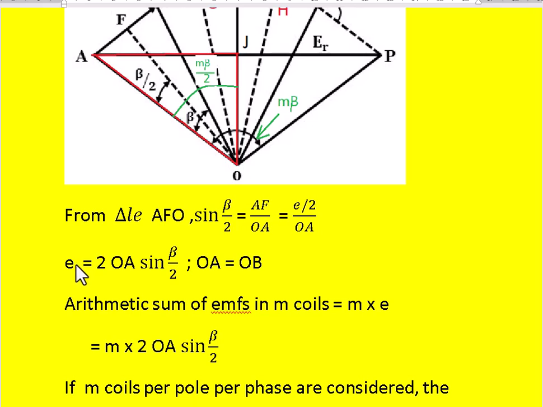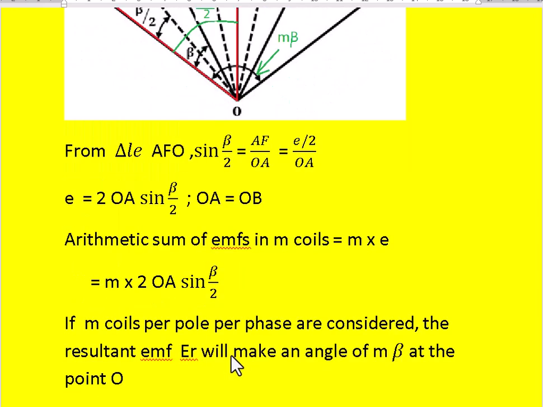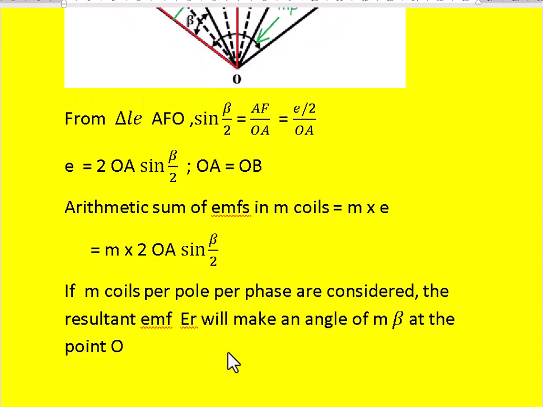This is the induced voltage in the first coil in terms of beta. That same thing can be used for the m coils, where the number of coils is M and the individual voltage in the coil is E. So M into E, which is M into 2 into OA into sine beta by 2.